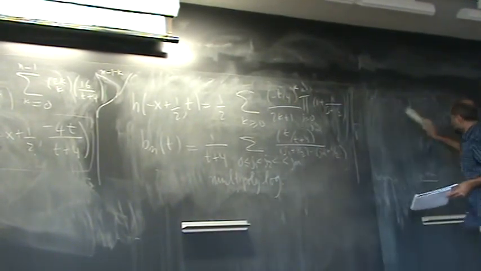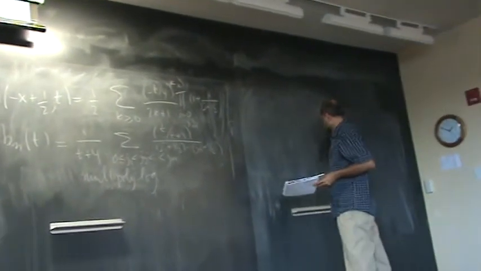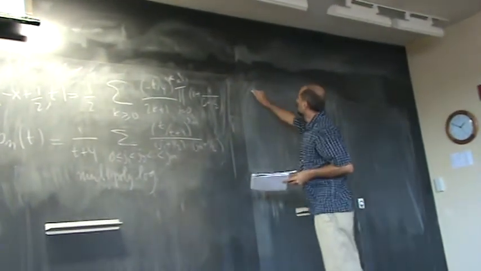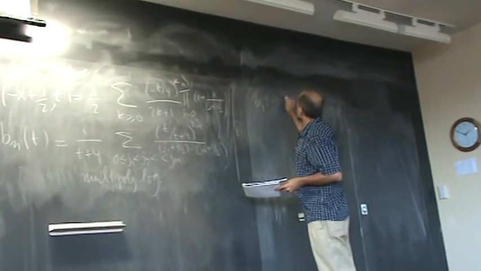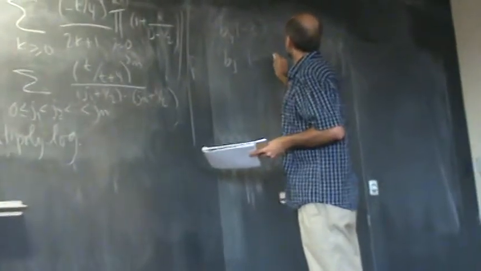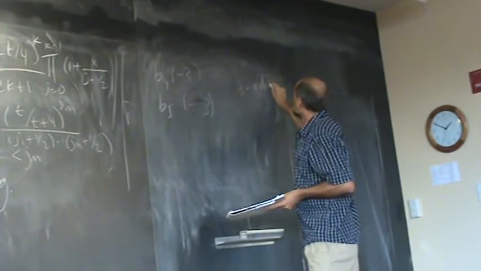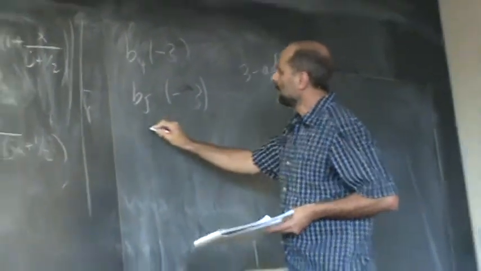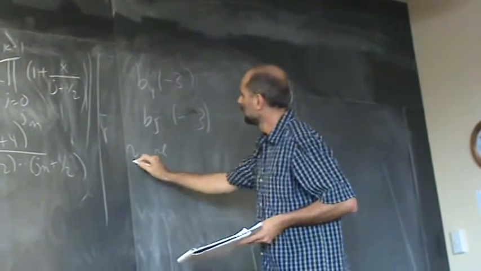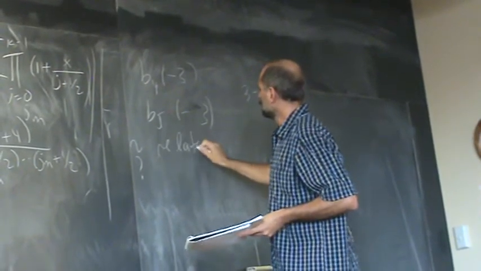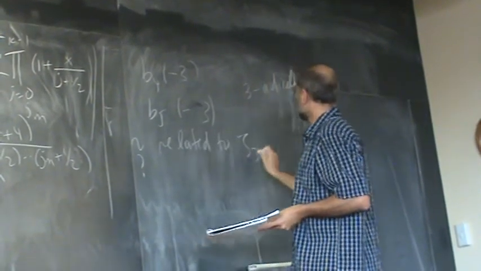And so in that spirit, I computed the values of B4 and B5 at the original choices, p-adically, and they seem to be related to zeta 3.